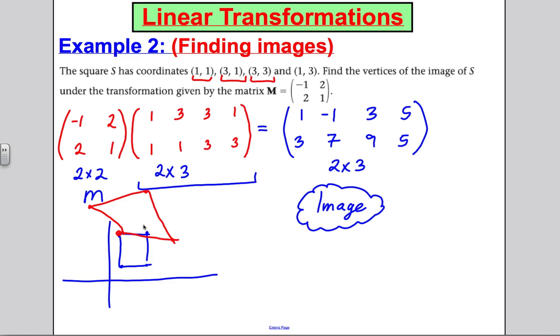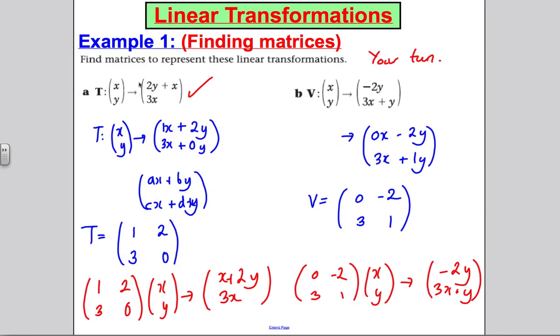And that's all I wanted to say on this video. Just to summarize, any linear transformation can be written as a matrix A, B, C, D. Going back to example 1, if you know the rule, if you know that xy goes to 2y plus x and 3x, then you write that in the form ax plus by and cx plus dy, and that's your matrix.